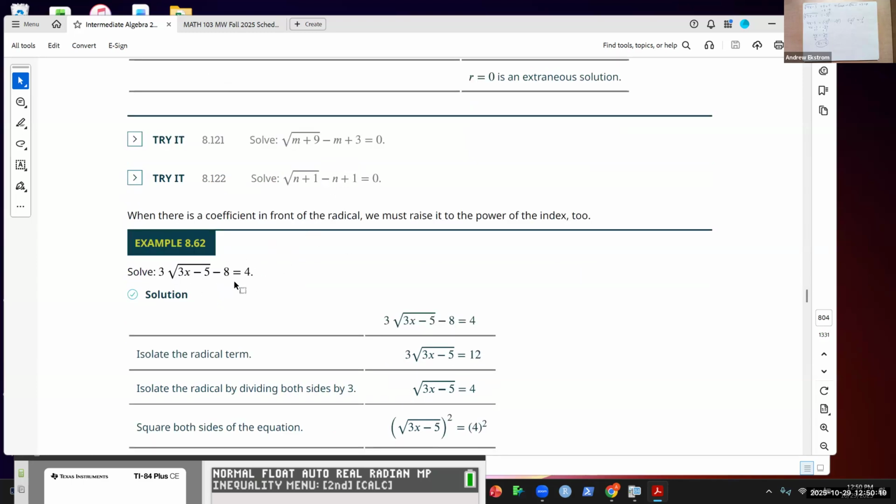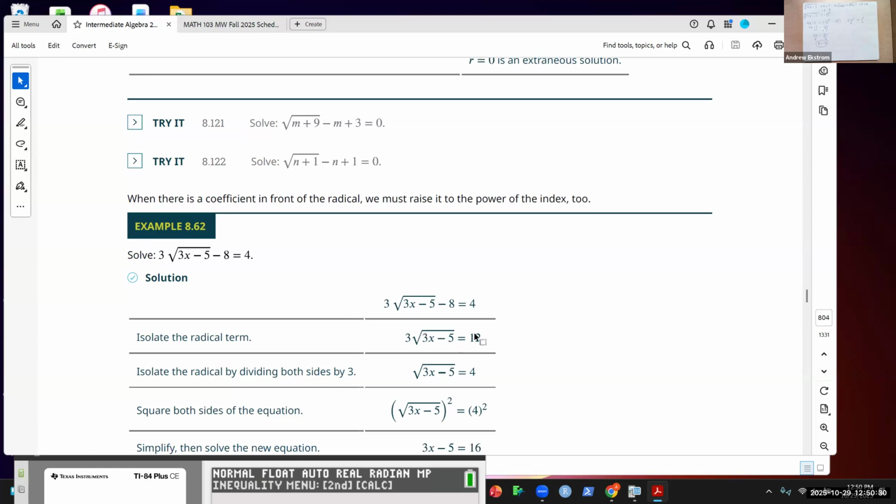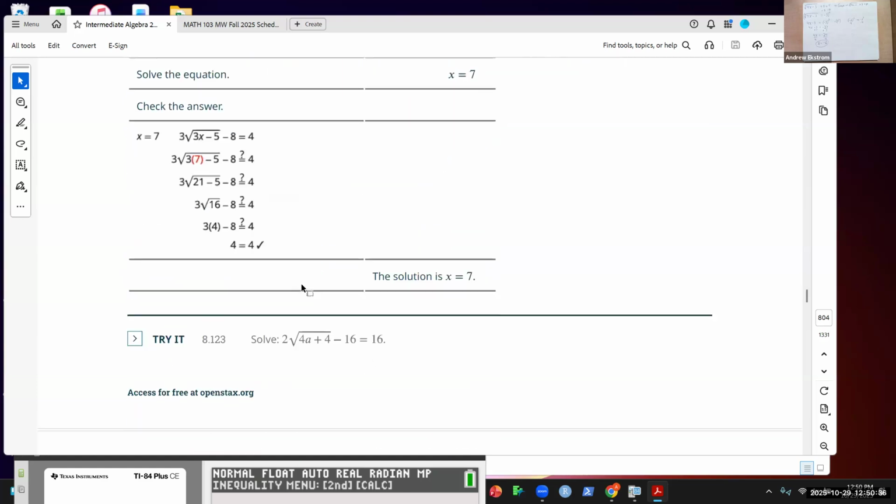And because of stuff like that, looking at what we have here next, again, we want to get the radical by itself, move everything to the other side, and then eventually, well, let's try doing one of these.